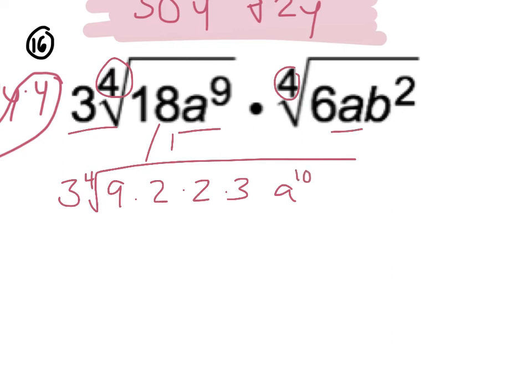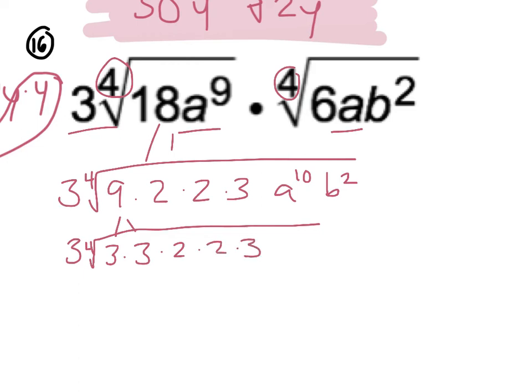So I'm going to have 10 a's and 2 b's. So I have this 3 on the outside, and our index is 4. 9 breaks down into 3 and 3. Then we have 2 times 2 times 3. And we have 10 a's and 2 b's.